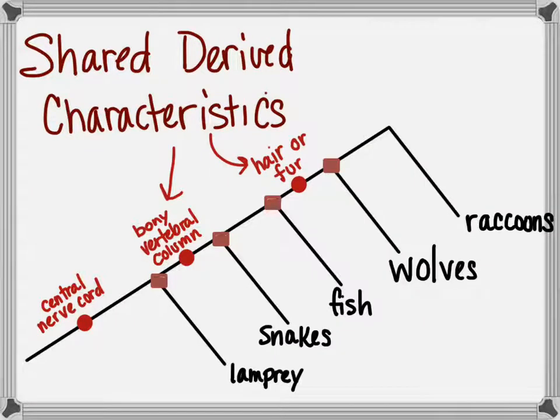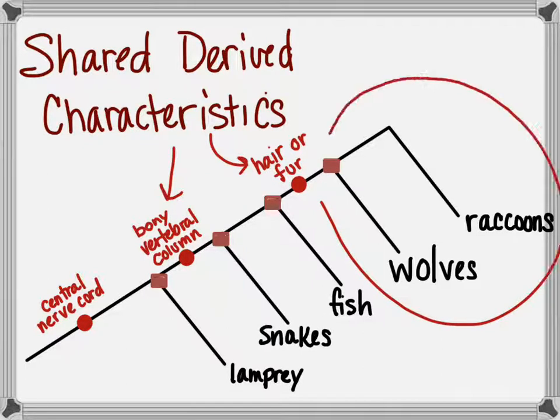Shared derived characteristics are shown on a cladogram below all the organisms that have that shared derived characteristic. So, wolves and raccoons have hair or fur. Down below, fish, snakes, and lampreys don't.